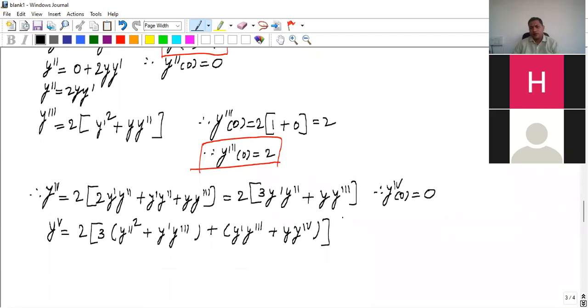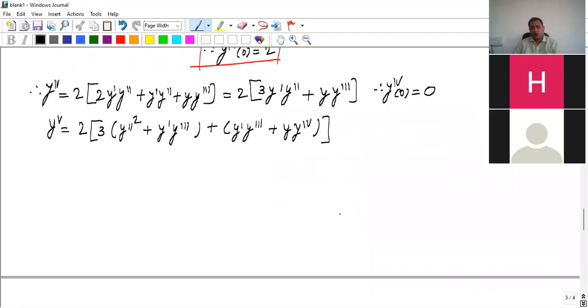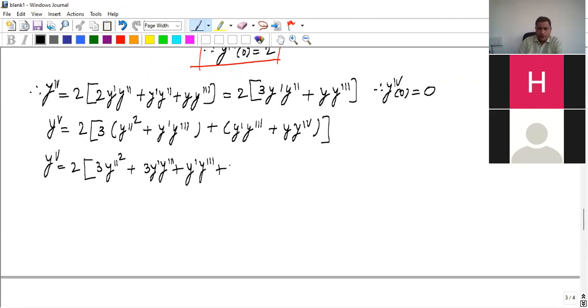Yes, sir. Okay, simply and slowly you will go, then you will not have any problem, but definitely you will get the terms. So simplify this. So fifth derivative is equal to 2 into, this is 3y double dash square plus 3y dash y triple dash plus y dash y triple dash plus y and y4.